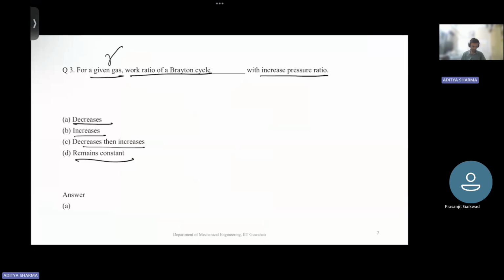All right. So this is your question number 3. A is the correct option. I hope Prasanjit, this is clear.